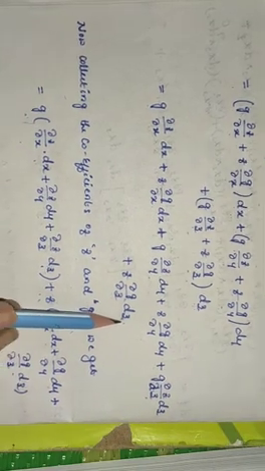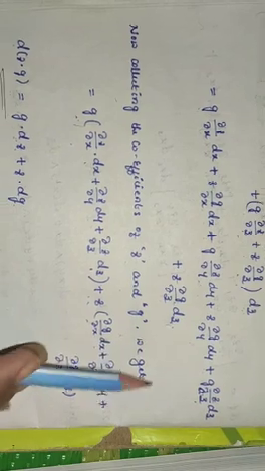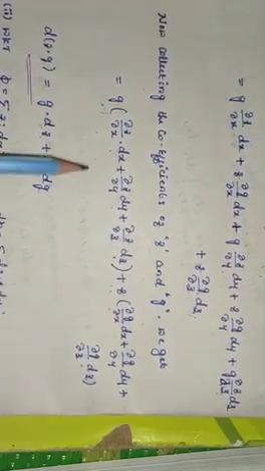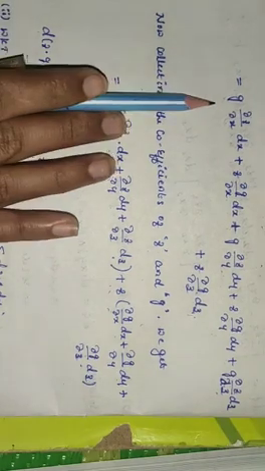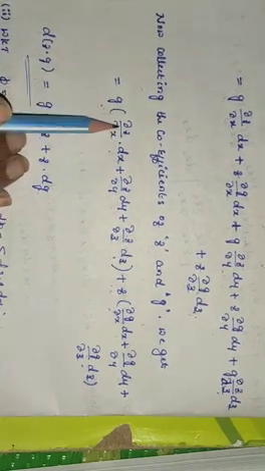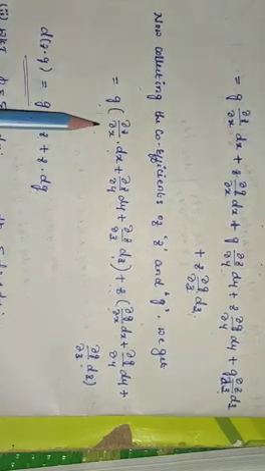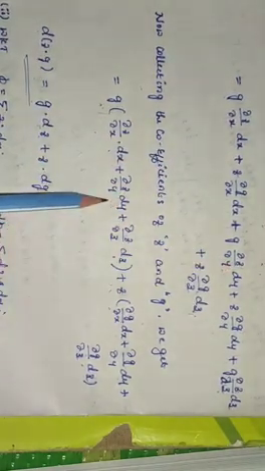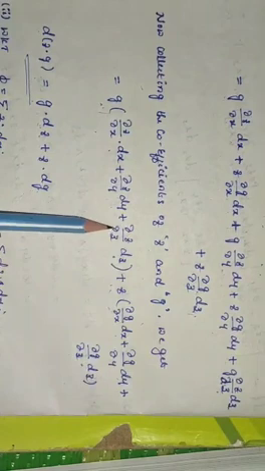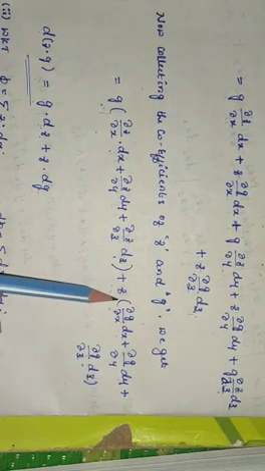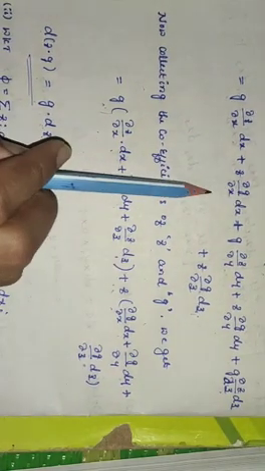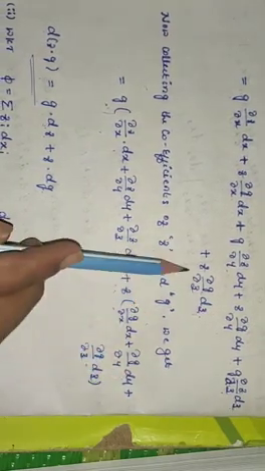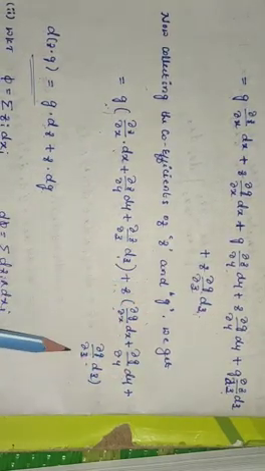Now we consider the coefficients of f and g. The coefficient of g is del f by del x into dx plus del f by del y into dy plus del f by del z into dz, plus f into del g by del x into dx plus del g by del y into dy plus del g by del z into dz.